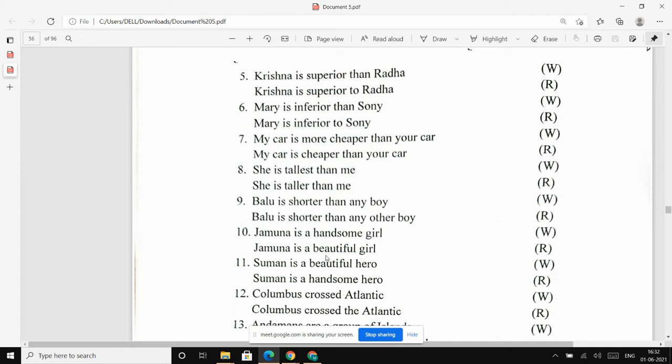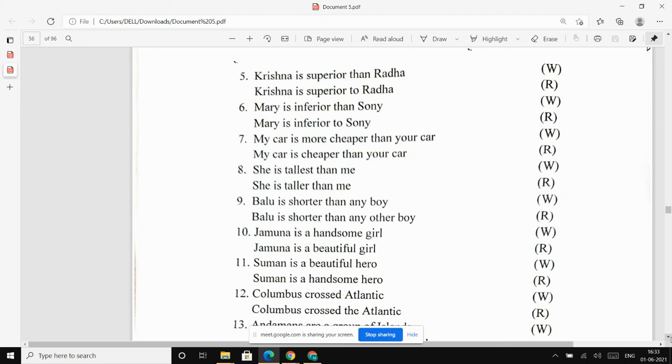We have to use the right adjective here. Beautiful is the right adjective to describe a girl, and to describe a boy, we use handsome. So Suman is a beautiful hero. Suman is a boy, so Suman is a handsome hero is the right answer.